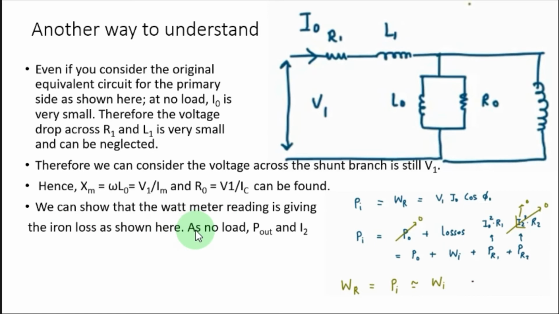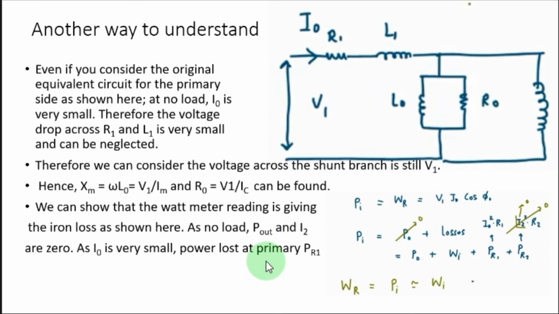As there is no load, P out and I2 are 0, because there is no output power or output current.